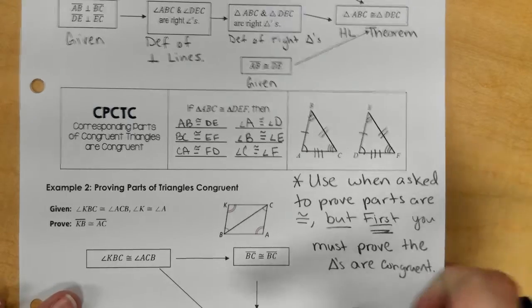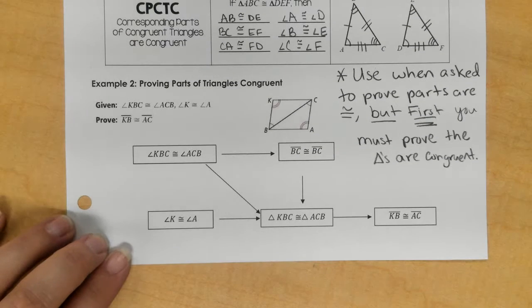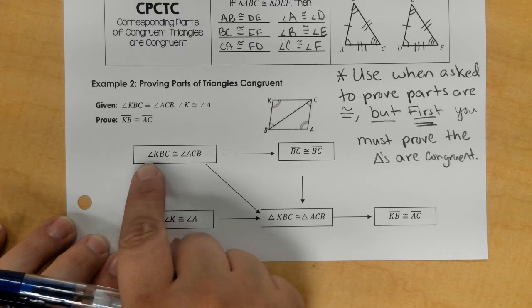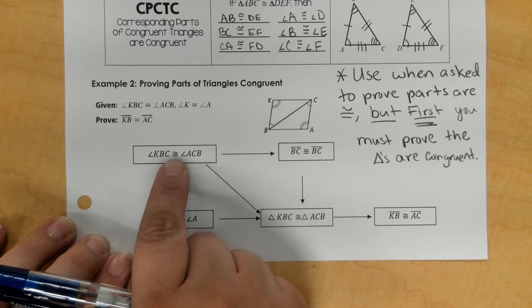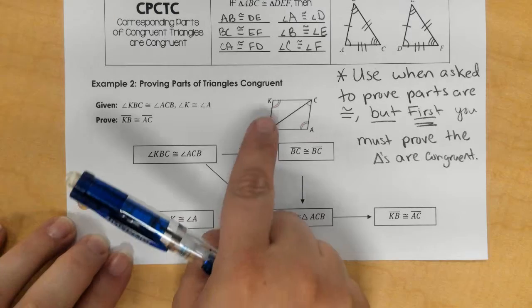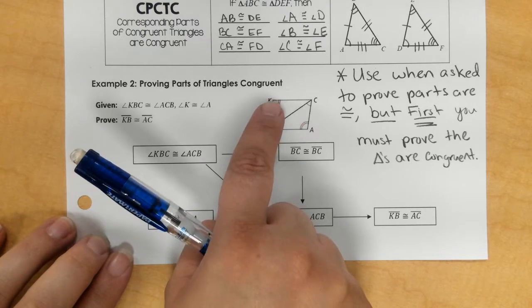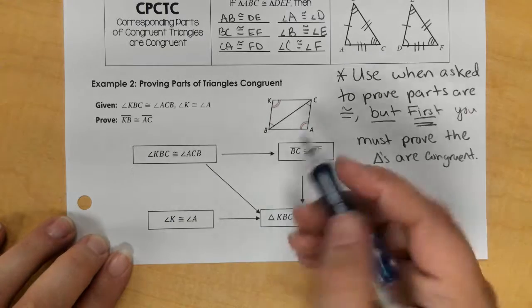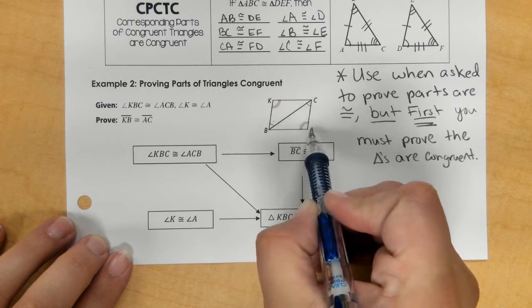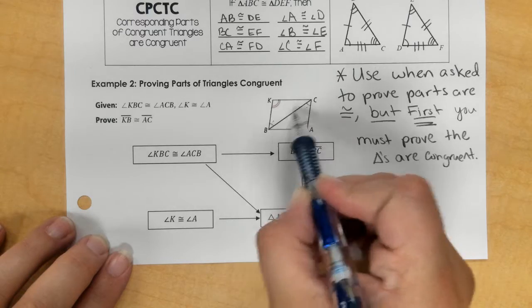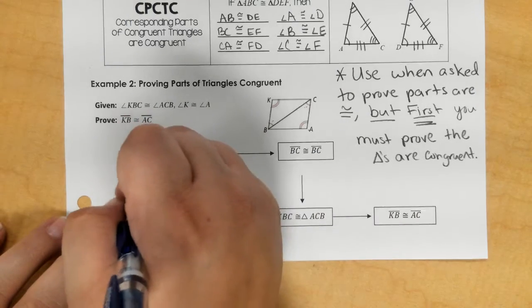So looking at example 2, we are given that angle KBC is congruent to angle ACB. Angle KBC, so this right here, and angle ACB, so this right here. So these two are congruent. That's given to us.